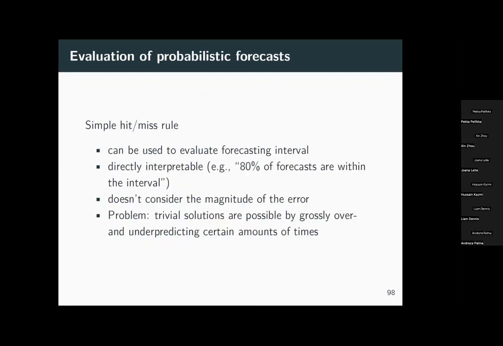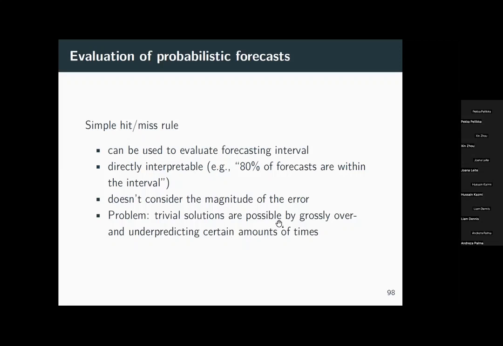Now the question is, how do you evaluate probabilistic forecasts? I guess the message here is that it doesn't get any easier than for the point forecast. You can have a simple hit-miss rule: if I have an 80% forecast interval, do 80% of my actuals really lie in that interval?